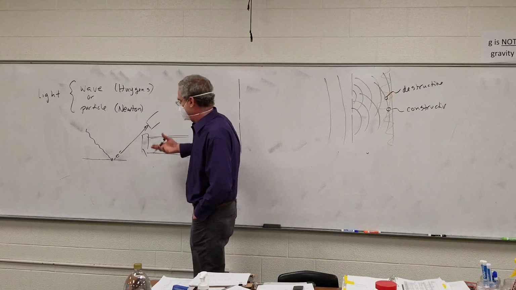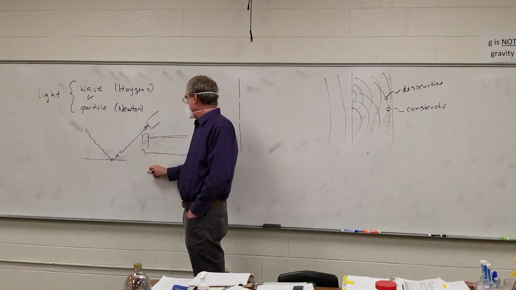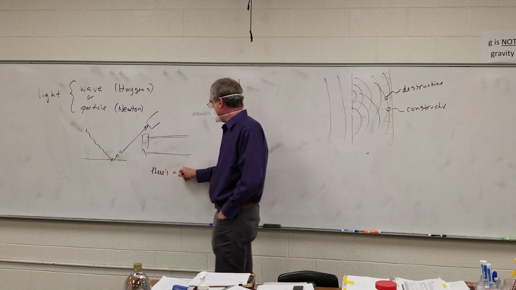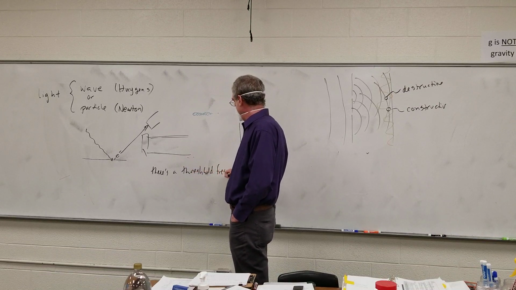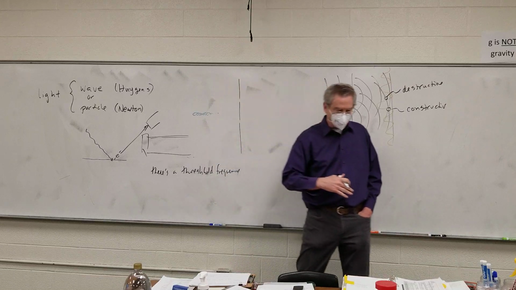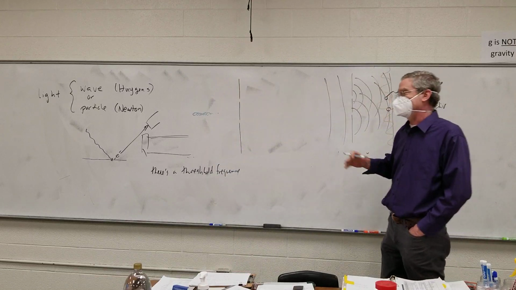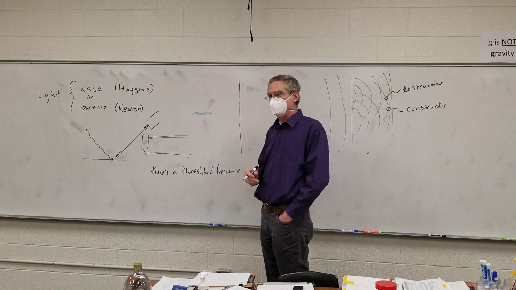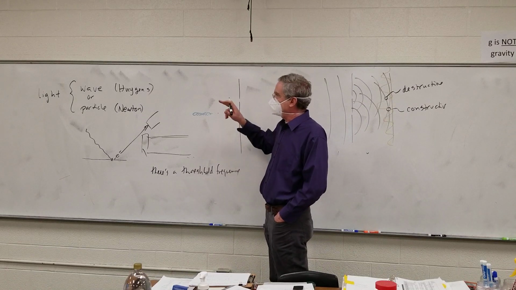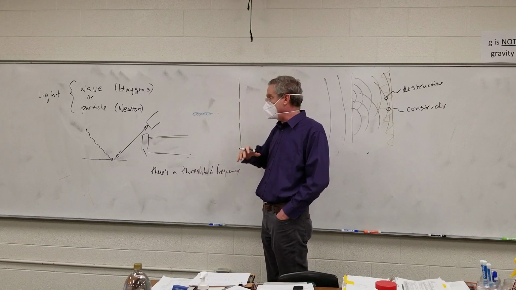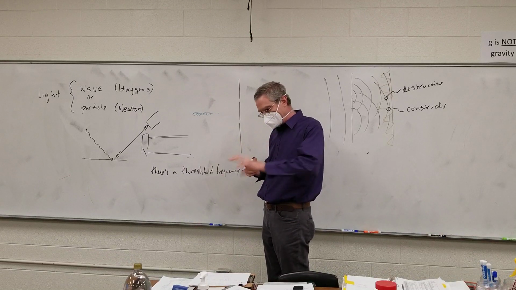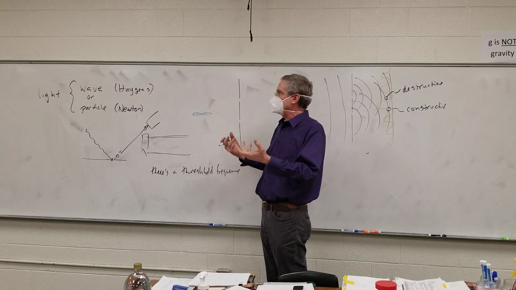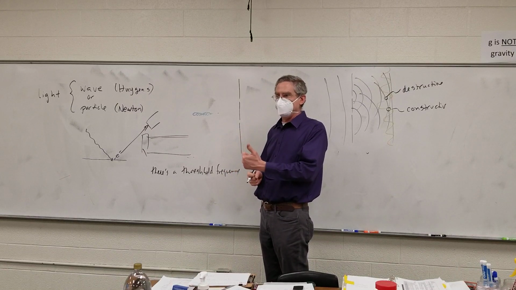And basically what the experiment said was that there's a threshold frequency. So if you're below a certain frequency, no electrons are going to get shot off the plate. If you're above that frequency, some will. Now, if light was purely a wave, then I can increase the energy in a wave just by increasing the amplitude.